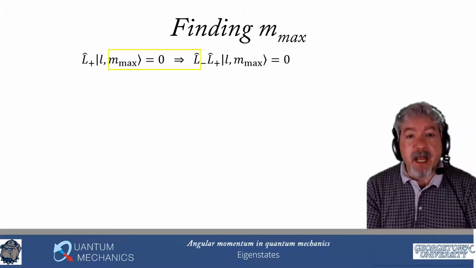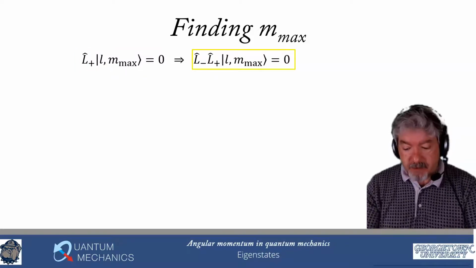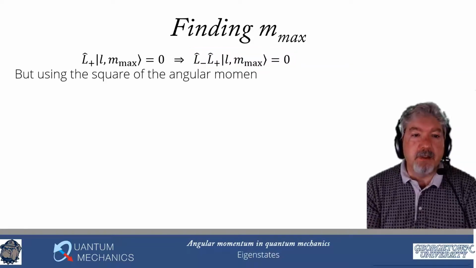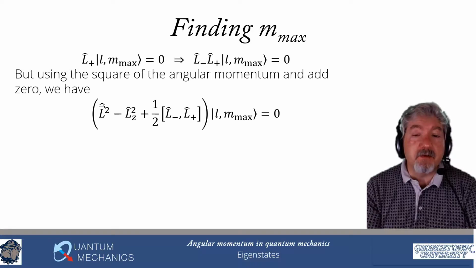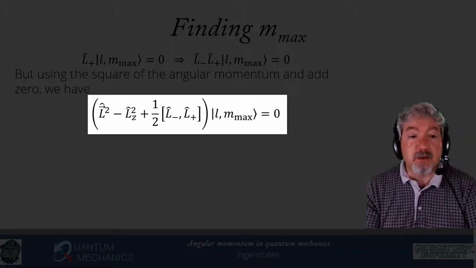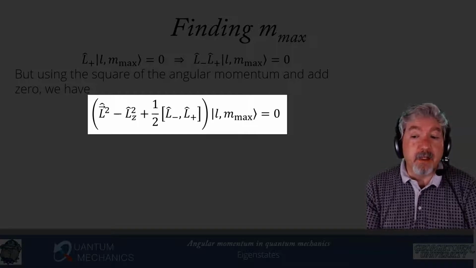If I apply L minus onto that, L minus acting on 0 is 0, and so it's still 0. But now I can rewrite that L minus L plus in terms of the square of the angular momentum. And so we can write that as L squared minus Lz squared. Remember, that is equal to Lx squared plus Ly squared, which I can write as 1/2 L plus L minus plus L minus L plus.